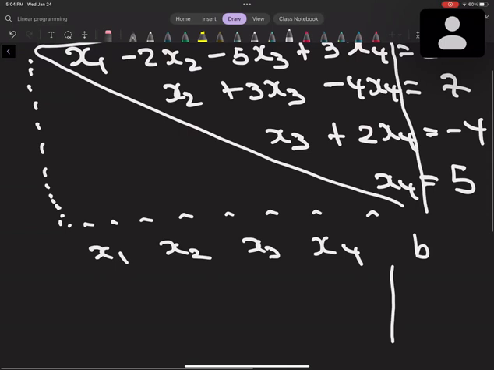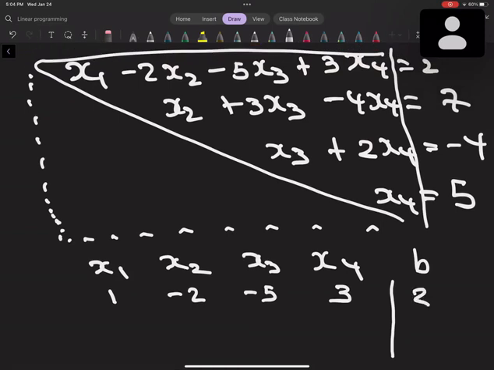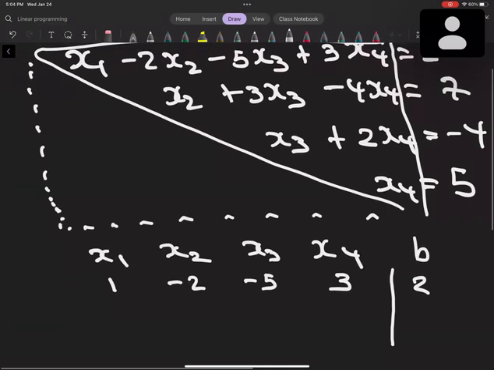So we put 1, minus 2, minus 5, 3, and 2. The next line, notice that I don't have anything over here, so that's going to be a 0.